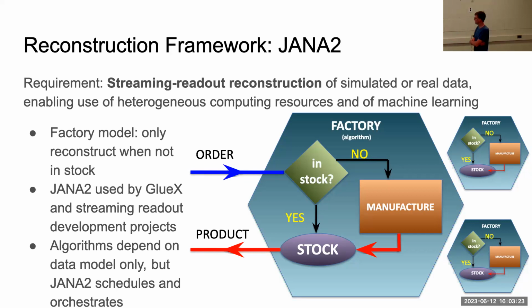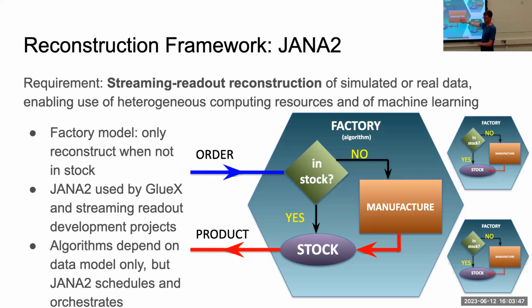Every algorithm needs some input and produces some output. When it gets a request for something, because some other algorithm that depends on it asks for that input, then it will check, have I already calculated this? If so, I'm going to give you what I already calculated. If I haven't, well, now I'm going to do the work to calculate this.